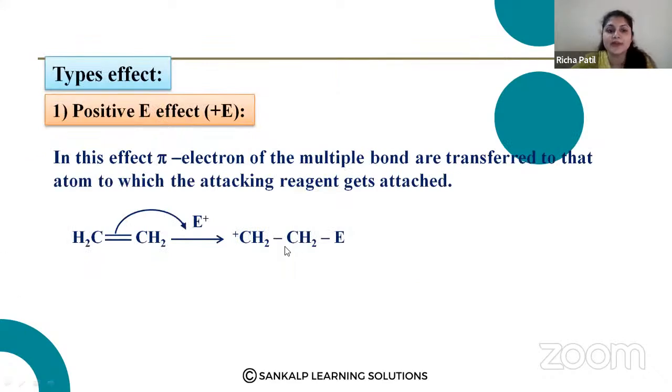In this, there are two types: first is positive E effect and second is negative E effect. What do you mean by positive effect? In this effect, pi electrons of the multiple bond are transferred to that atom to which the attacking reagent gets attached.